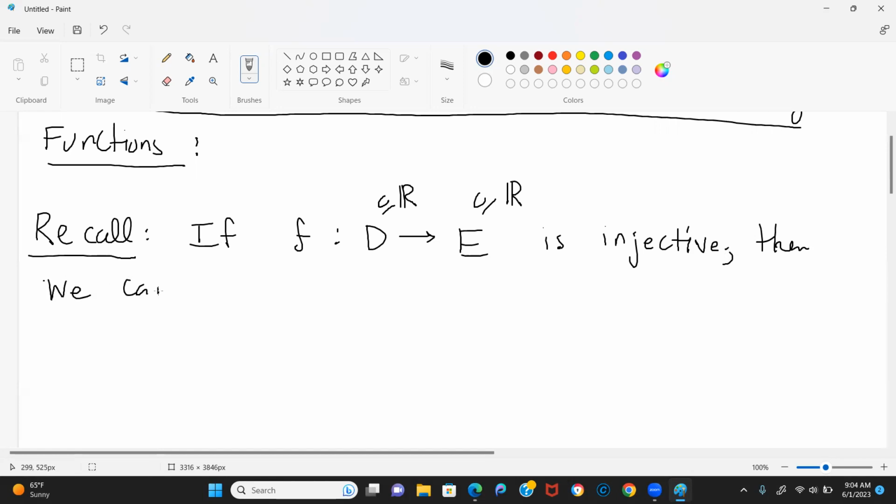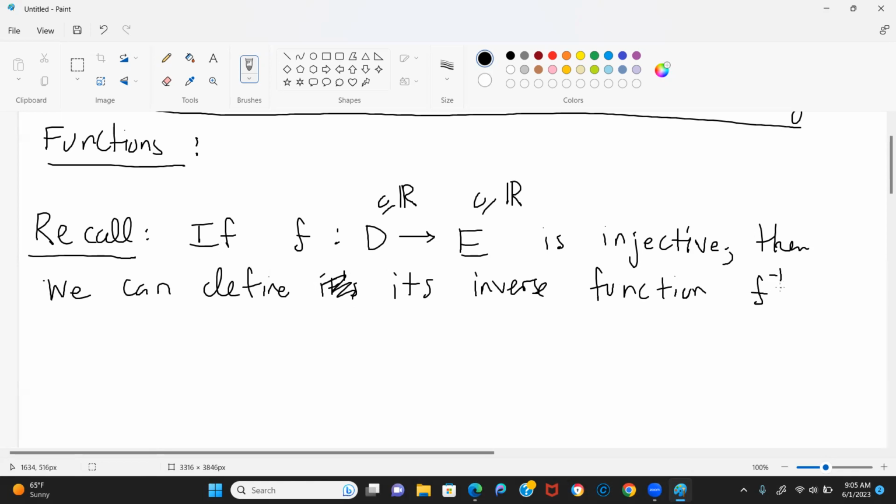We can define its inverse. So its inverse function is denoted as f to the -1, and now this is a function from E to D, and it's as follows.